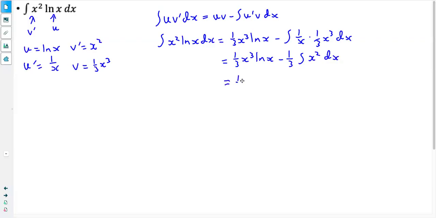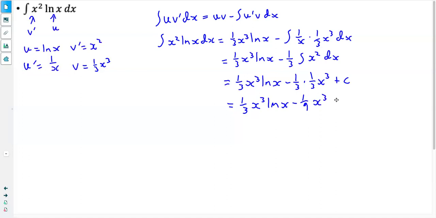So that gives us 1/3 x cubed times the natural logarithm of x minus 1/3 times 1/3 x cubed plus c. So that gives us 1/3 x cubed times the natural logarithm of x minus 1/9 x cubed plus c.